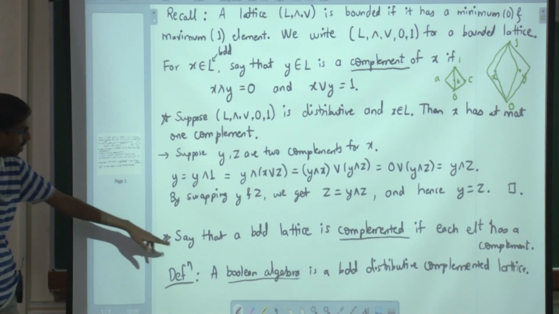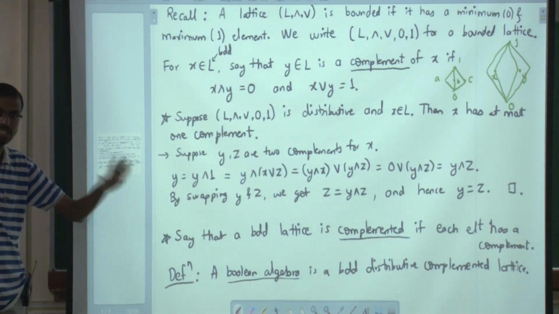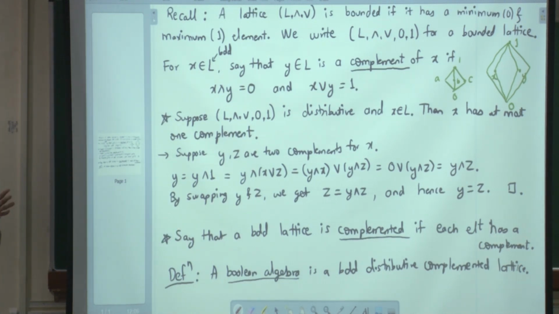Let us look at the definition. It is bounded because only then can we define complements. It is distributive, so every element can have at most one complement, and it is complemented, so every element must have at least one complement. Therefore, overall, for every element there is exactly one complement.